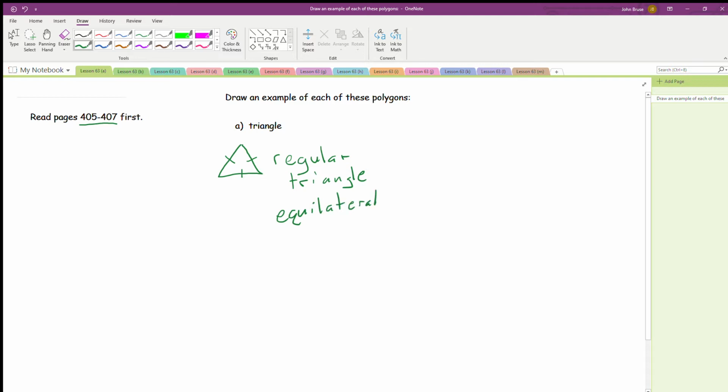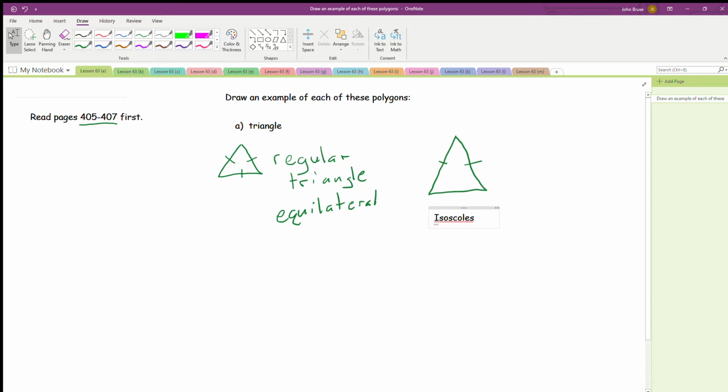And you could do one like this, where it just has two equal sides, and that's called an isosceles triangle. And I always have difficulty spelling isosceles. Let's go ahead and we'll type isosceles, just in case I don't spell it right.